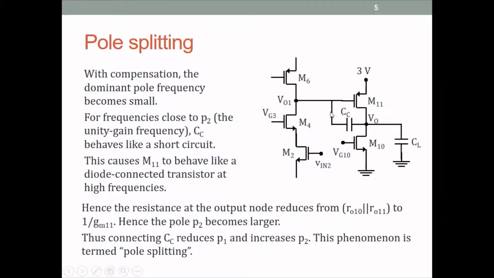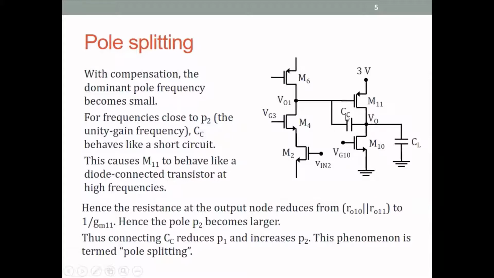Okay, so when we connect Cc, as we know, the dominant pole frequency will become very small, and will be much smaller than the unity gain frequency or the second pole frequency. Now at frequencies close to P2 or the unity gain frequency, which will be much higher than the dominant pole frequency, Cc will become like a short circuit, because the value of Cc is large and the frequency is large. Therefore at high frequency Cc behaves as a short circuit.